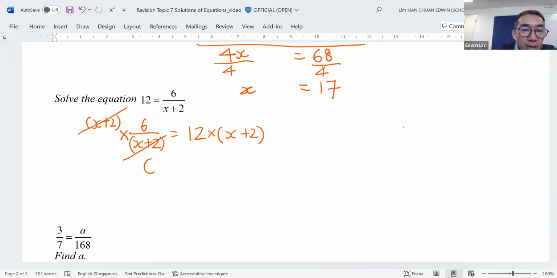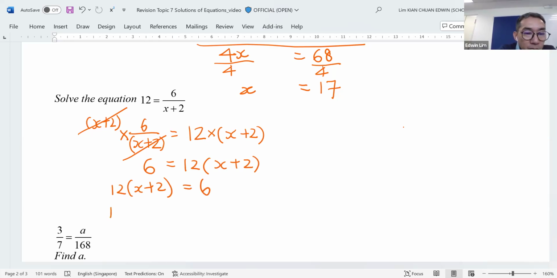So I can rewrite it: 6 equals 12 times x plus 2. You can also swap the place because x is at the right hand side. So 12 times x plus 2 equals 6.